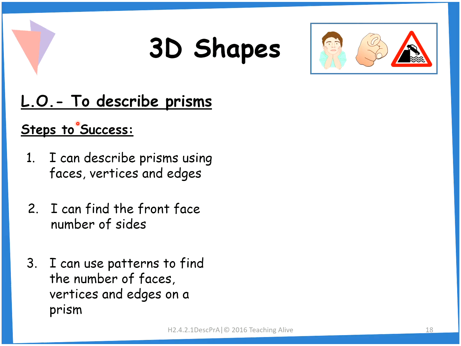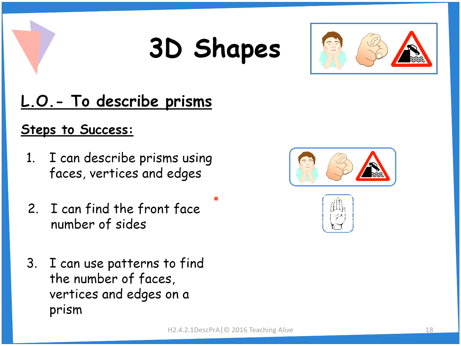Let's review our objective to describe prisms and our steps to success. You can now hopefully say, number 1, I can describe prisms using faces, vertices, and edges. And number 2, I can find the front face number of sides. And number 3, I can use patterns to find the number of faces, vertices, and edges on a prism.